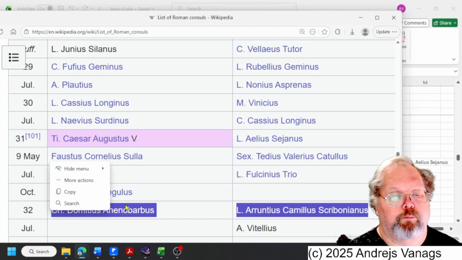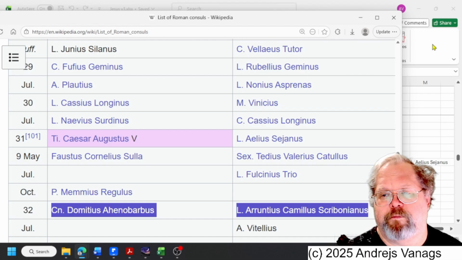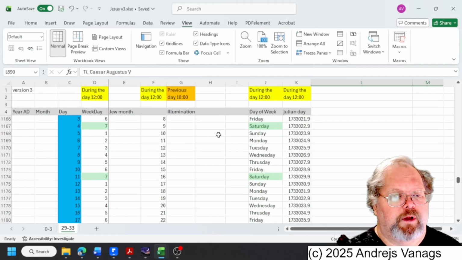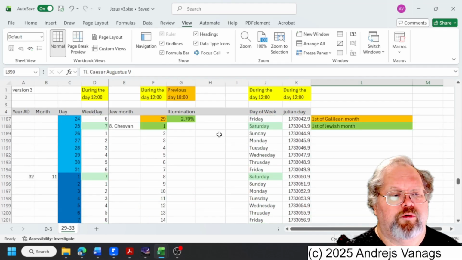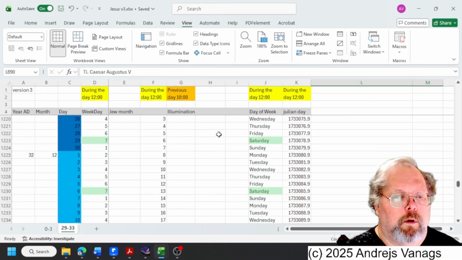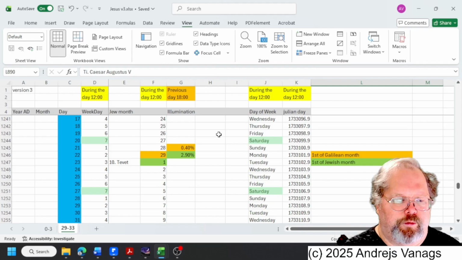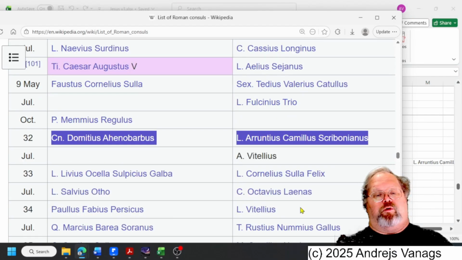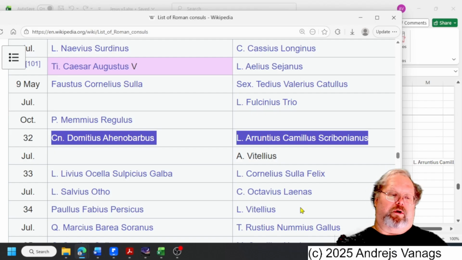And this is important. This was the reason we could figure it all out, because Cassius Dio, the Roman historian, tells us that Ahenobarbus was the only consul that ran his full term. You could identify the consuls Perticus and Vitellius as extra consuls.